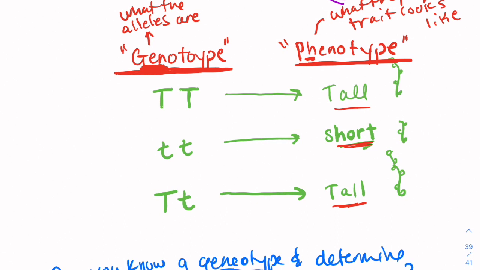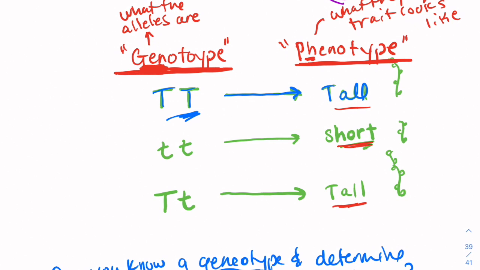If you know a genotype, can you determine the phenotype? Sure, of course you can. That's what we just did here, right? We're like, okay, 2 capital T's. That means it's going to be a tall plant. We use the genotype, 2 capital T's, 2 dominant alleles, just to know that that would be a tall plant. So sure, we can do that, for sure.